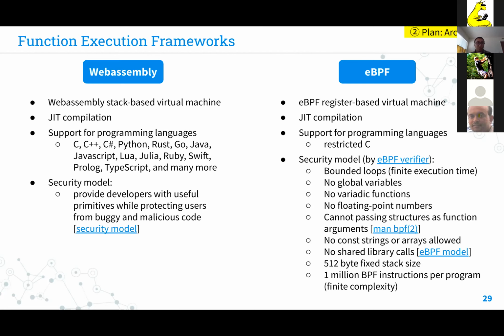For the security model, the goal of WebAssembly is just to provide the developer with useful primitives while protecting users from buggy and malicious code. Therefore, it should have much less limitation on what the program is able to do. More recently, the WebAssembly community is trying to add more functionality to the framework, including multi-processing support and direct memory management support.